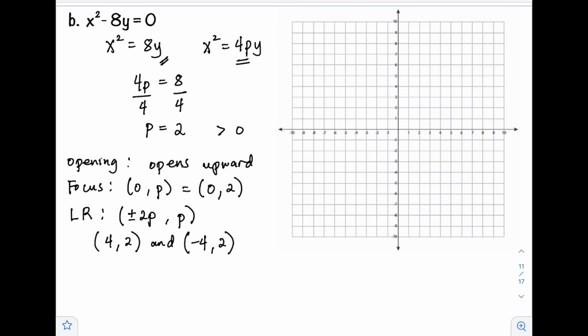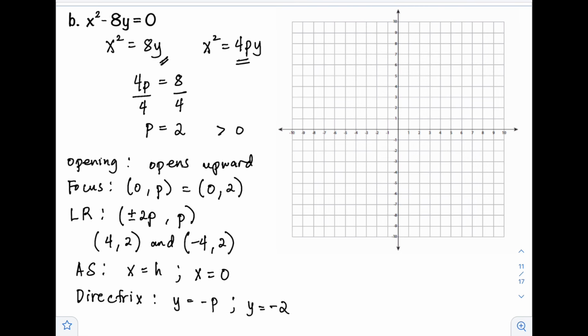Okay? Next is the axis of symmetry or the AS. So, si axis of symmetry natin is makikita kay x equals h. But again, yung vertex natin is nasa origin. So, automatic yan, x equals 0. Okay? Then, last one is the directrix. So, ang directrix natin is may equation na y equals negative p. So, this is y equals negative 2.